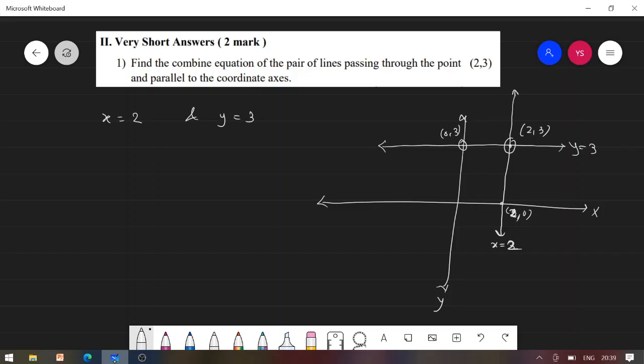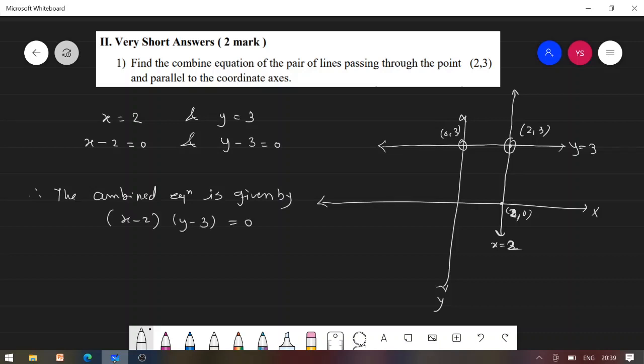Convert them into the standard form ax plus by plus c equals 0. We have x minus 2 equals 0 and y minus 3 equals 0. Therefore the combined equation is (x minus 2)(y minus 3) equals 0.